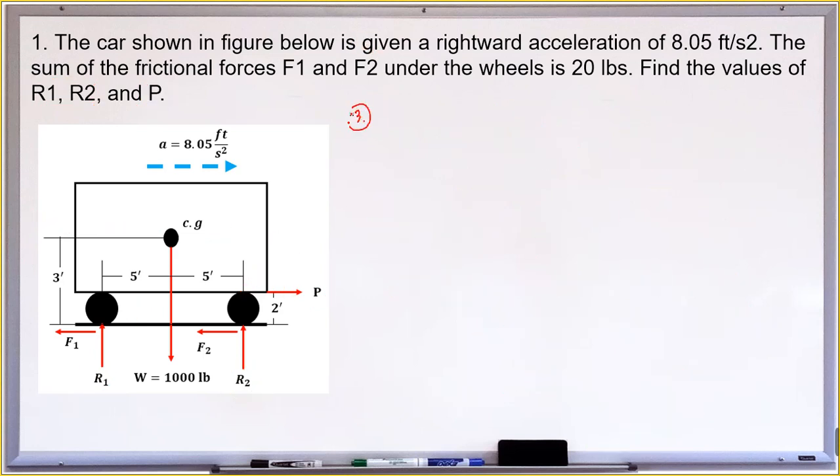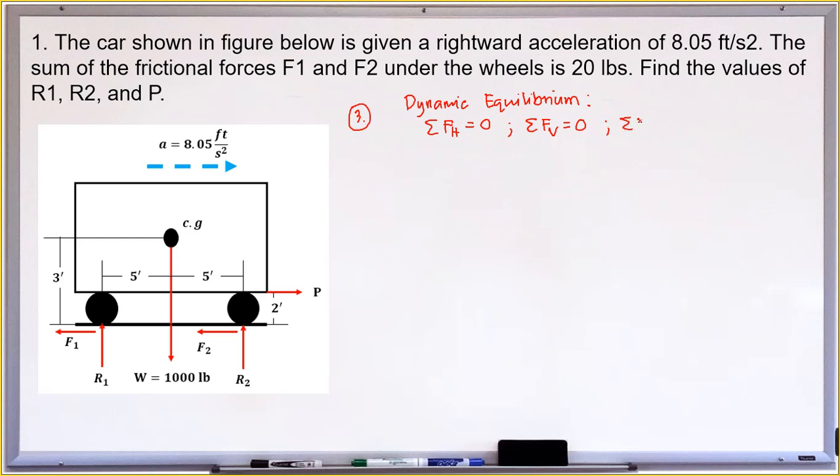So number 3. Again, there are three equations for dynamic equilibrium, no? So dynamic equilibrium, just a review. First, summation of forces along horizontal should be equal to 0. Summation of forces along vertical should be equal to 0, or more or less these equations are also used in static equilibrium.